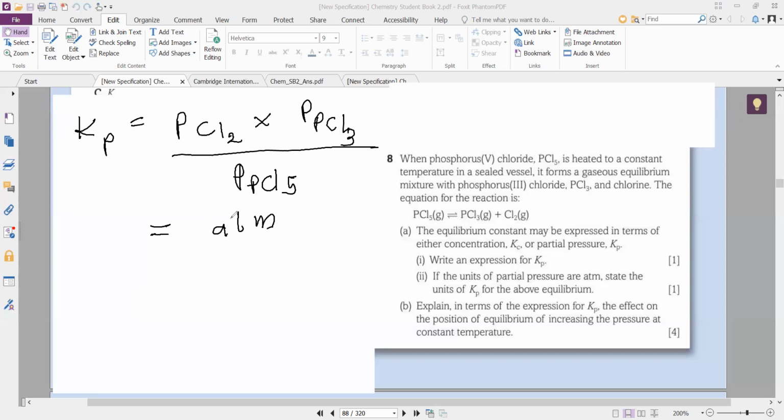Okay, effect on position of equilibrium. Increase in pressure at constant temperature. Therefore, you have to think about the QP.